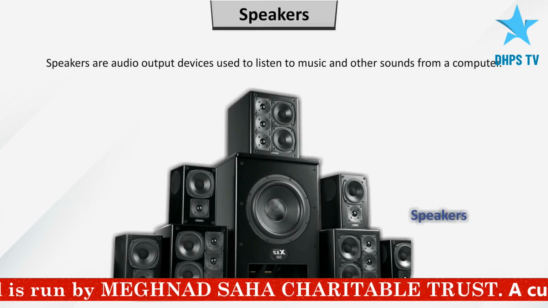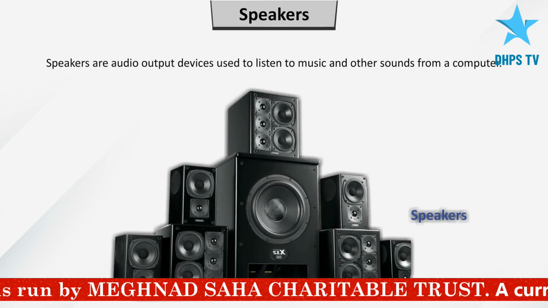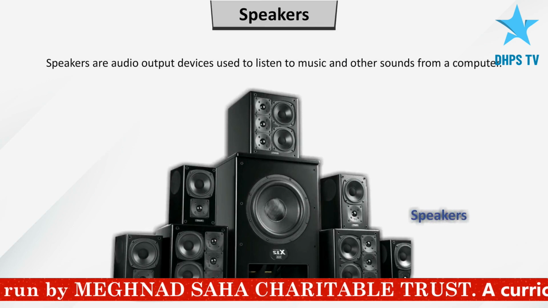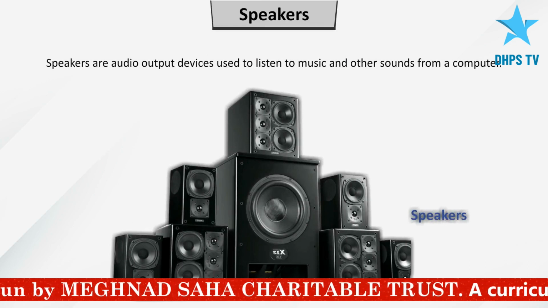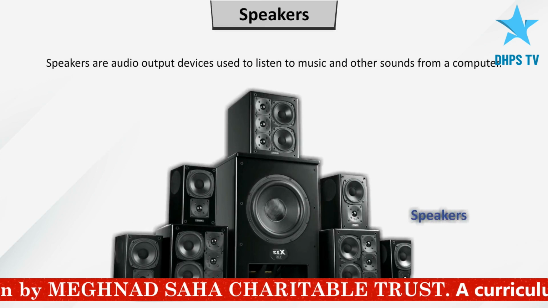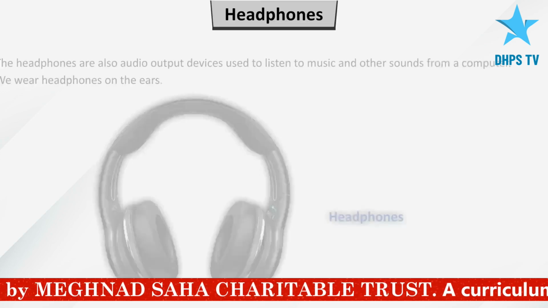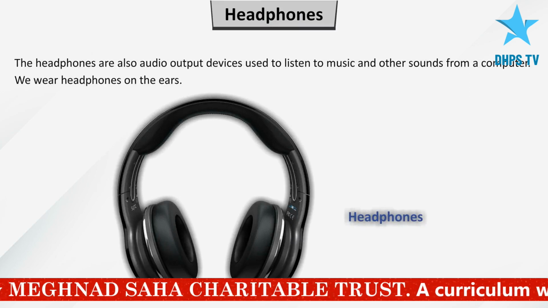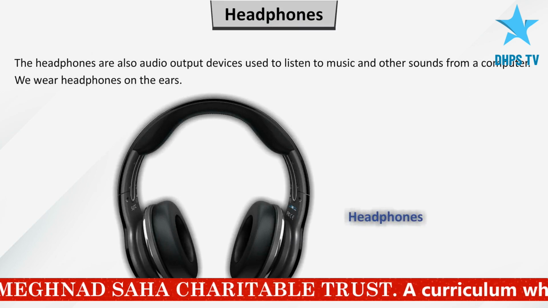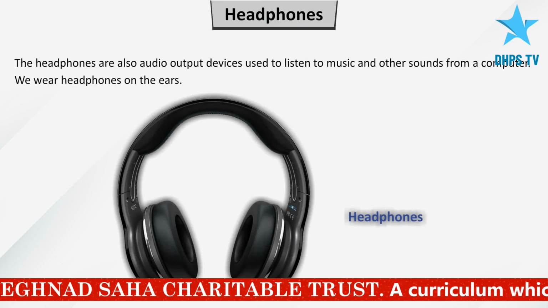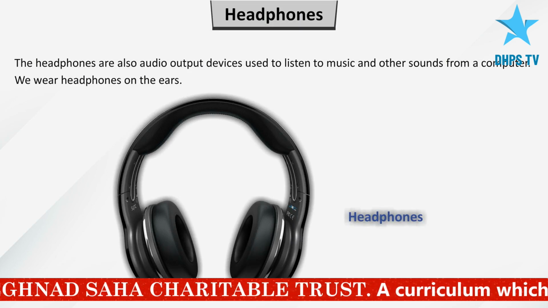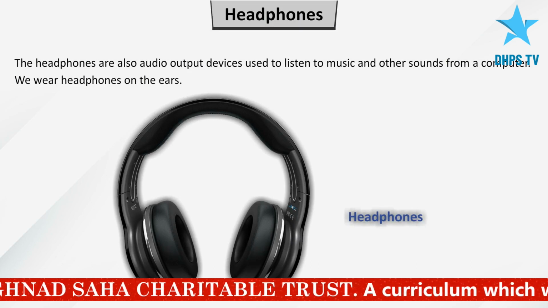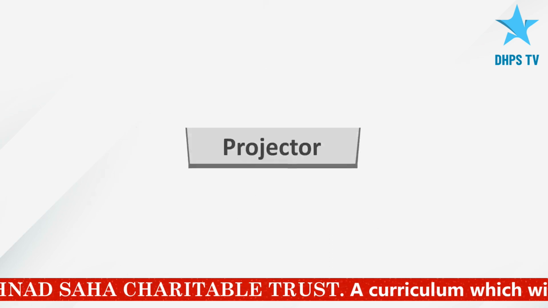Speakers. Speakers are audio output devices used to listen to music and other sounds from a computer. Headphones. The headphones are also audio output devices used to listen to music and other sounds from a computer. We wear headphones on the ears.